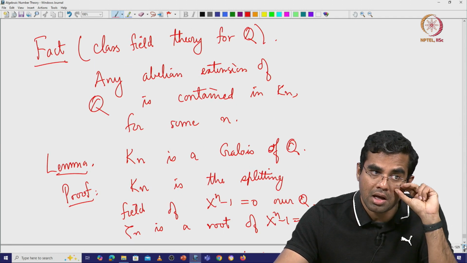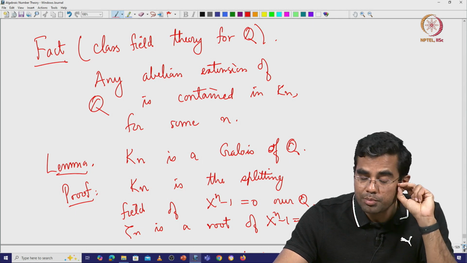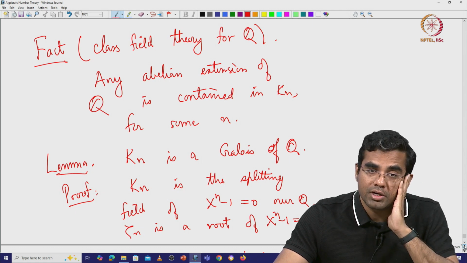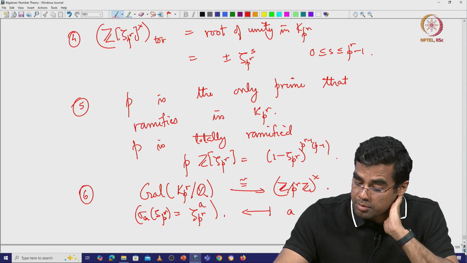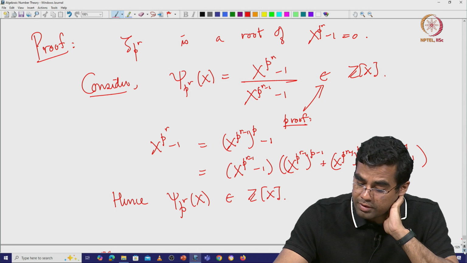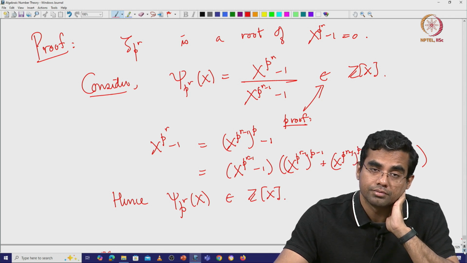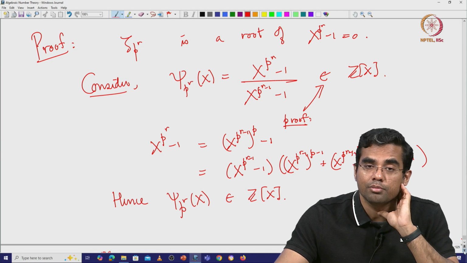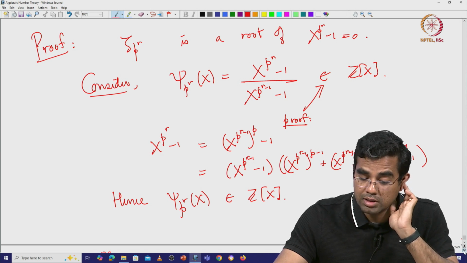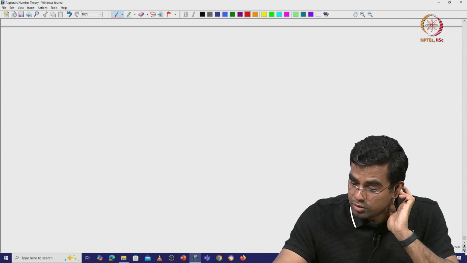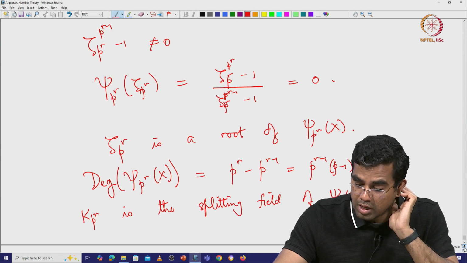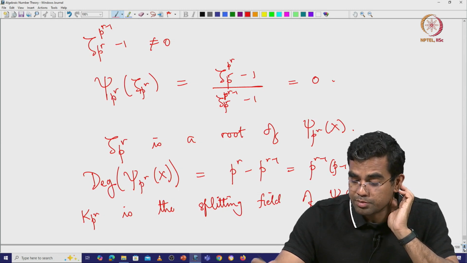So, K p to the r will be the splitting field of x to the p to the r minus 1 equal to 0, but K p to the r is also the splitting field of psi p to the r. Okay. So, one field can be the splitting field of many different polynomials, and if it is not immediate to you from what I wrote, you should try to prove that K p to the r is also the splitting field of this polynomial.